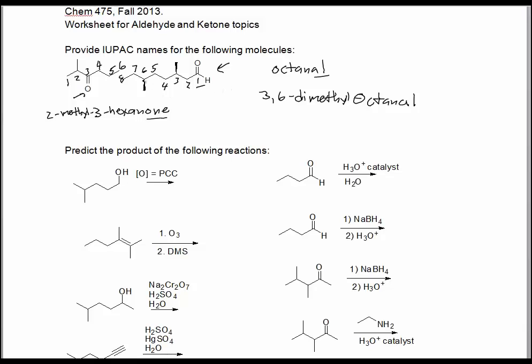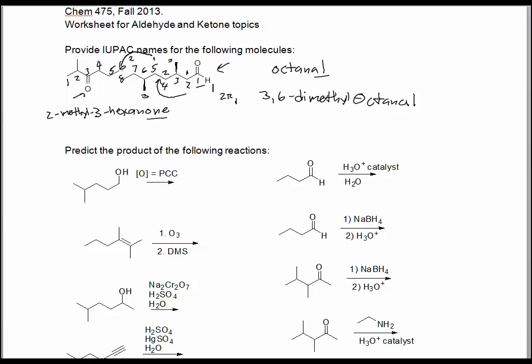Then we need some stereochemical designations for 3 and 6. Carbon 3, carbons 4 and 2 are equivalent. Carbon 1 takes priority, then carbon 4, then the methyl group. And so numbers are going in clockwise. We have 3R. And carbon number 6, carbon 5, it has much more stuff to it versus carbon number 7, and so we would assign highest priority to carbon number 5, then 7, and then this methyl group.